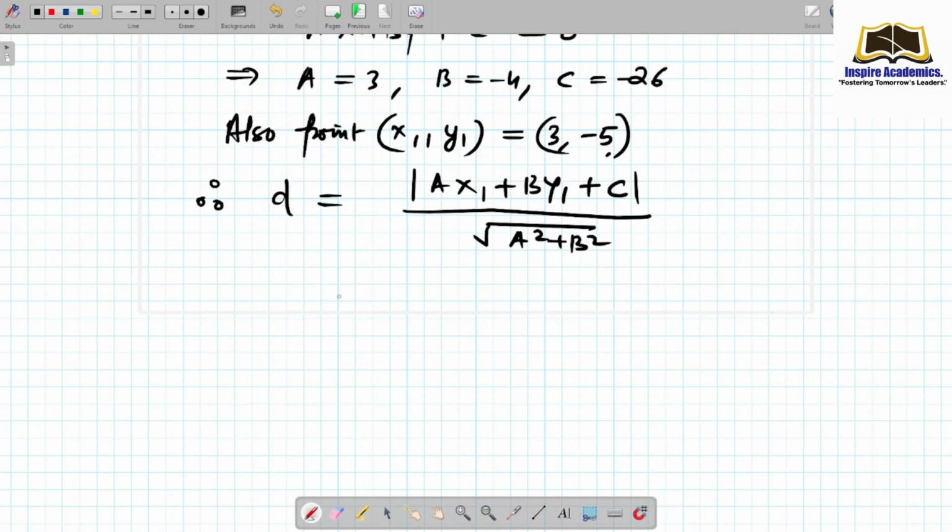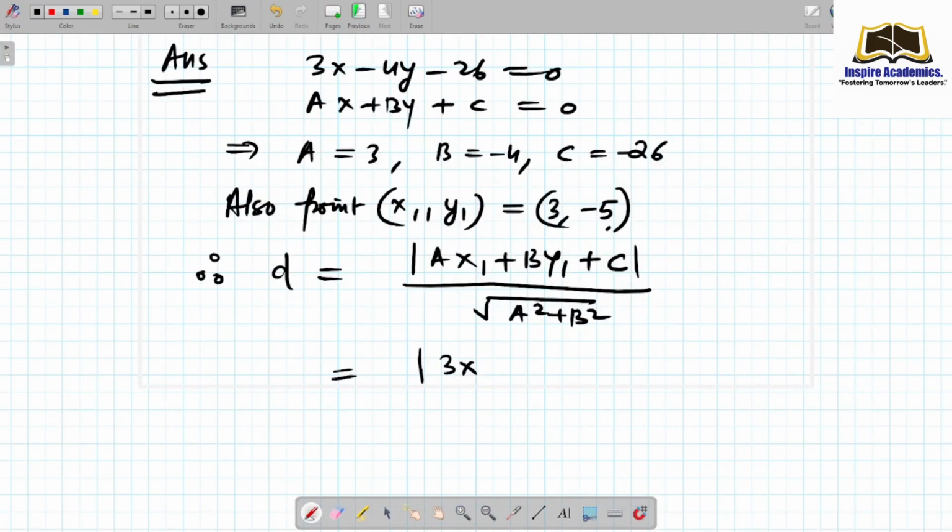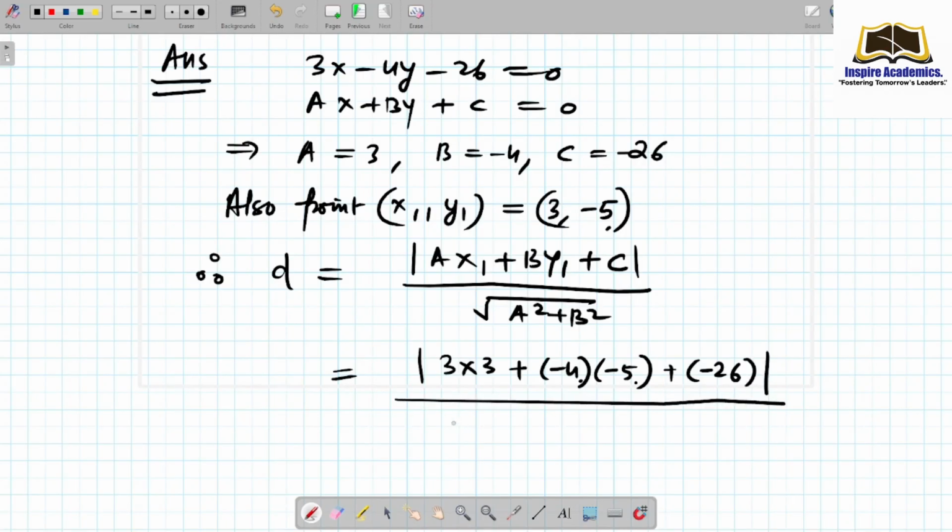Just put the values. So modulus of 3 times, what is your x1? x1's value is 3. So 3 times 3 plus what is your value of b? Negative 4, and y1 is negative 5, and plus c is plus negative 26 upon under root 3 square plus, a square plus b square, right? So negative 4 whole square.